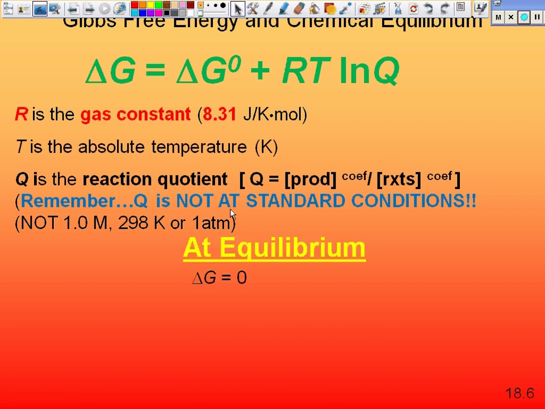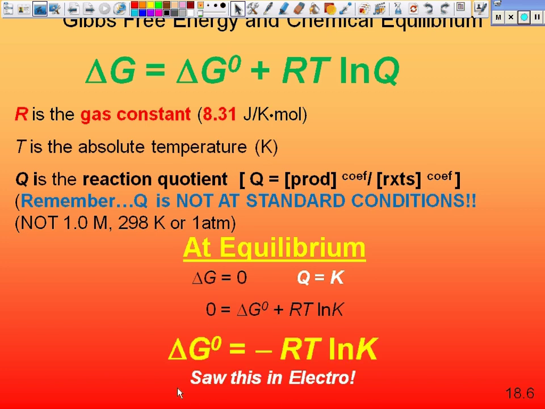Here's what this is. Basically, this is trying to determine delta G at equilibrium, or the equilibrium constant. We know that delta G is 0, Q is equal to K, and so you can plug all these things in. So this is where negative RT ln K comes from. This is just the derivation of that. All right, somebody help me out. Read that first sentence up there.